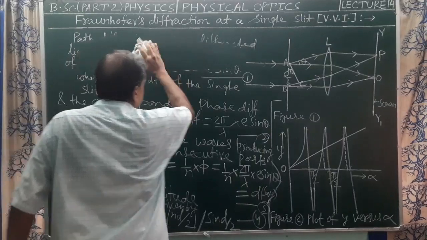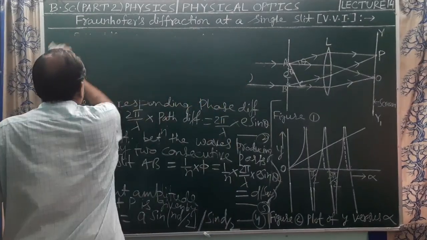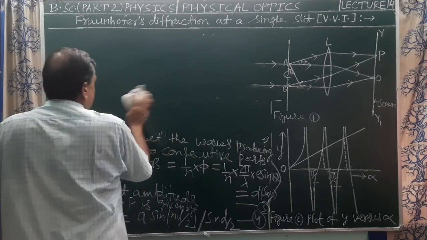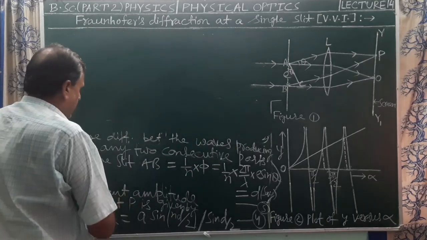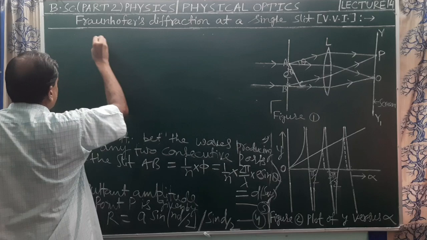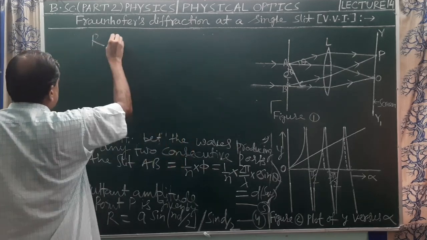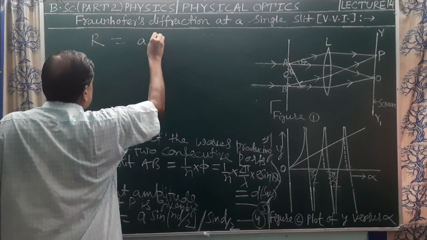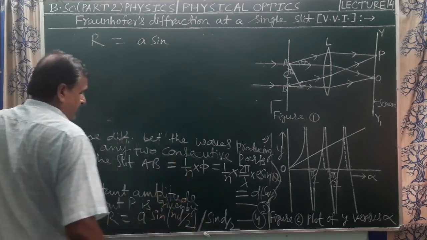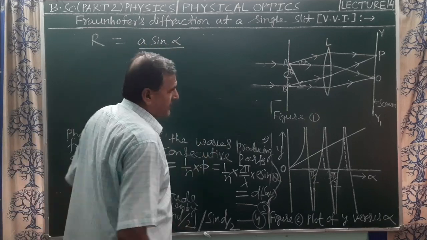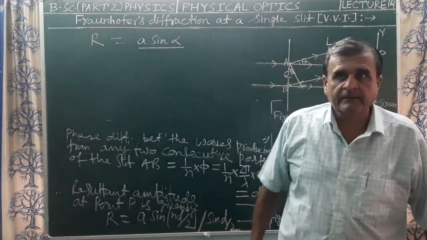So we have the resultant amplitude of light meeting at point P of the screen as small a sin alpha upon sin alpha by n.